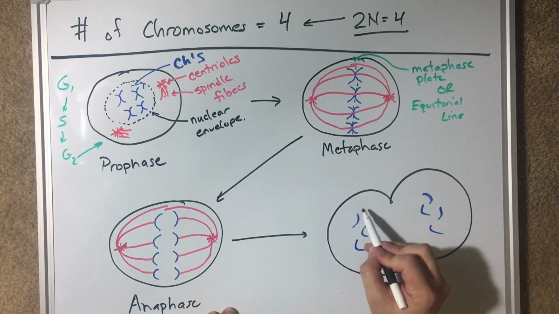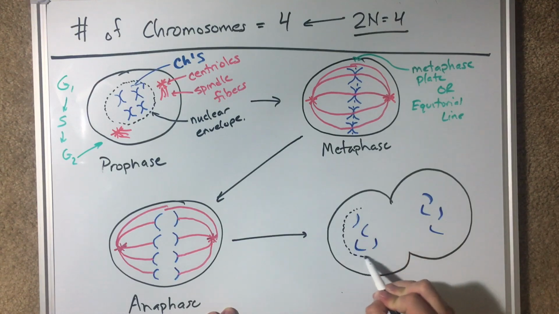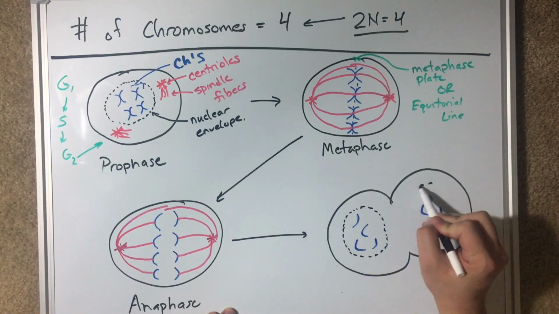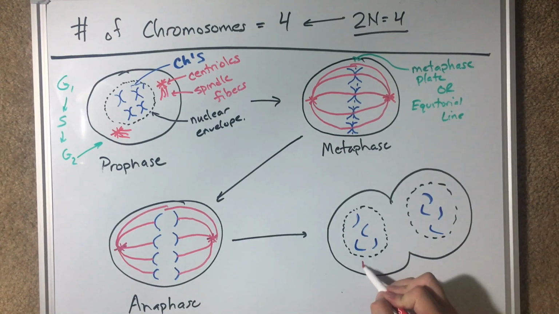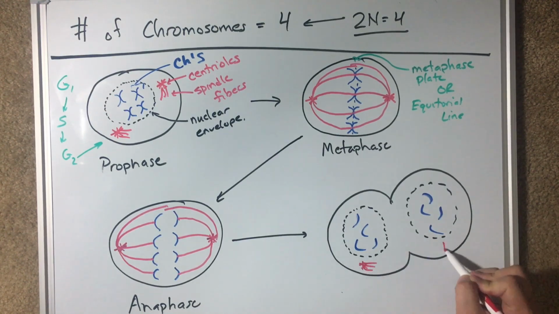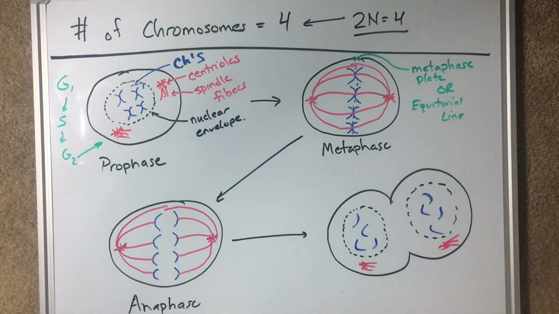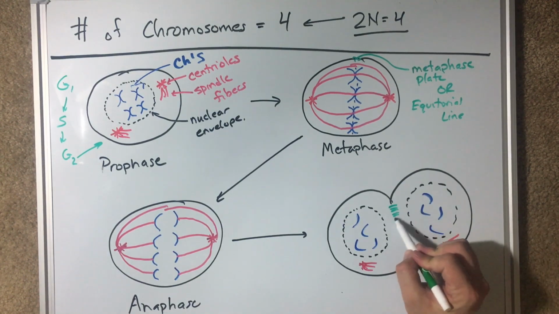Okay, that nuclear envelope is coming back. It's reforming. Those spindle fibers and centrioles are now kind of breaking down. They're not needed anymore. And we have this structure here in the center that I want to draw.